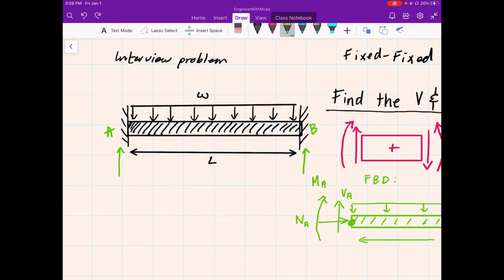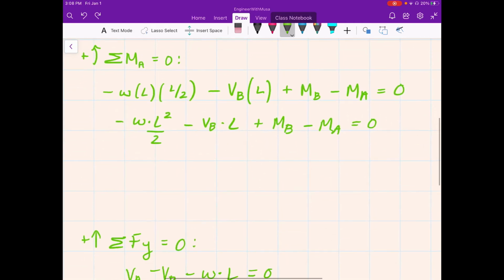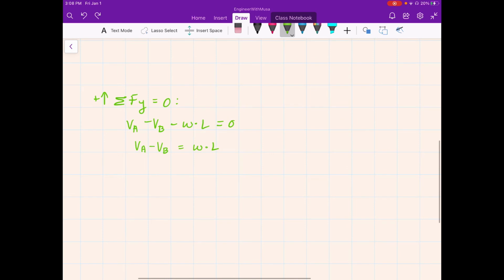So with that assumption, and of course we have to write down our assumptions, we can say that due to symmetry, VA is equal to VB.